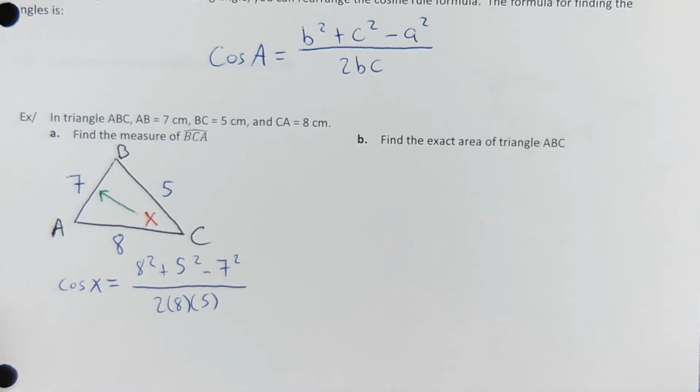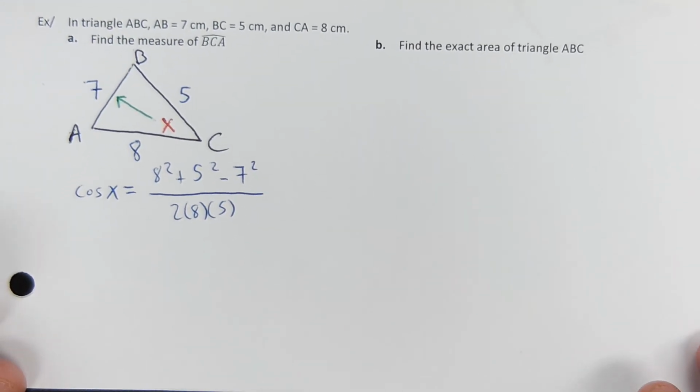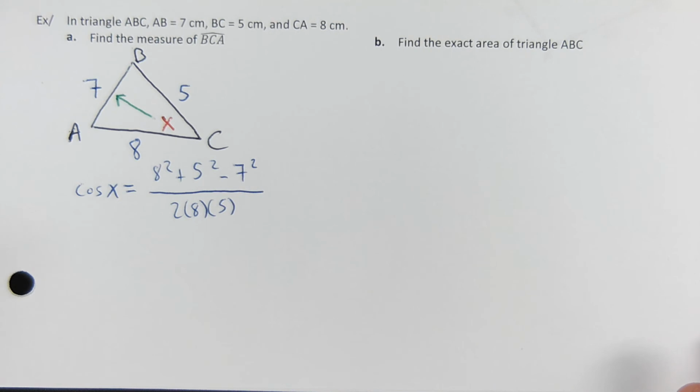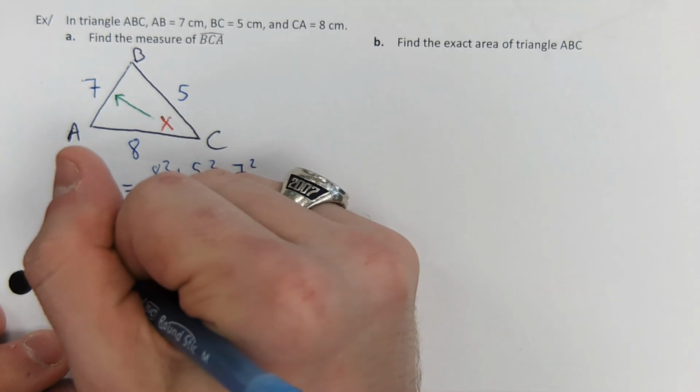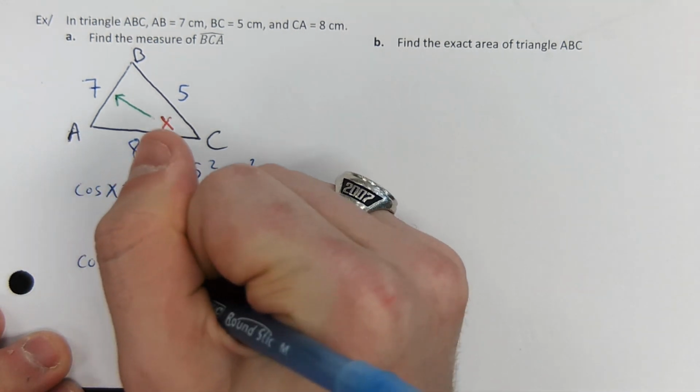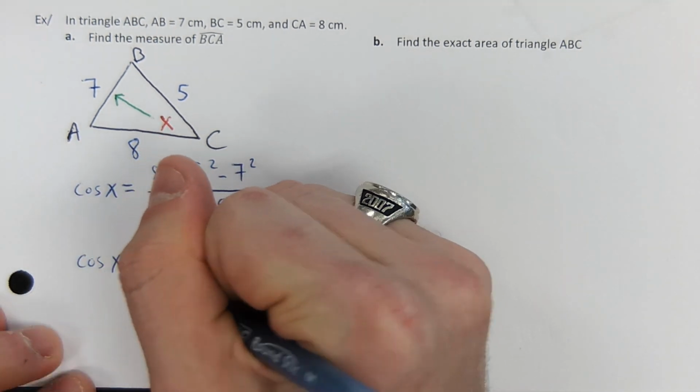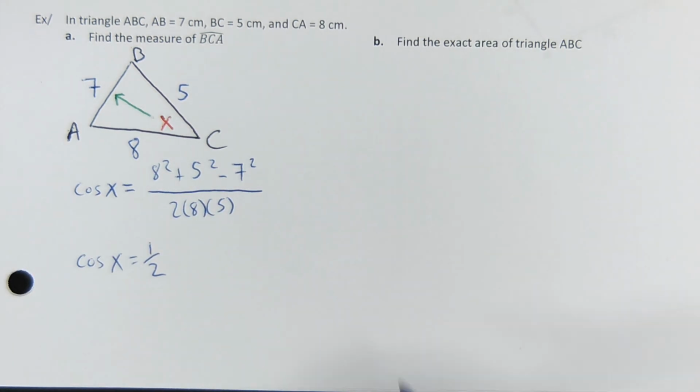Well, when you grab your handy dandy calculator and do all the calculations, 8 squared plus 5 squared minus 7 squared over 80 equals 1/2. So cosine of x is 1/2. This fraction reduces to 1/2. So how do we isolate x?